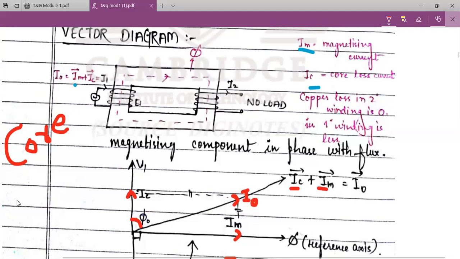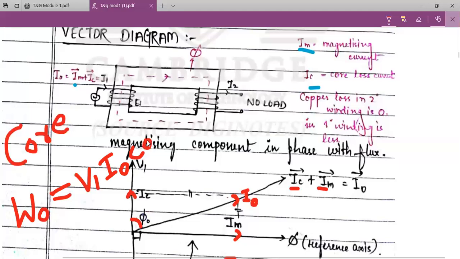So I can write the no load power W naught as V1, the supply voltage, into I naught, the no load current, into cos phi naught.